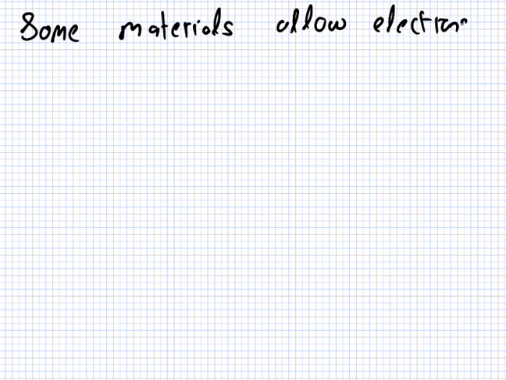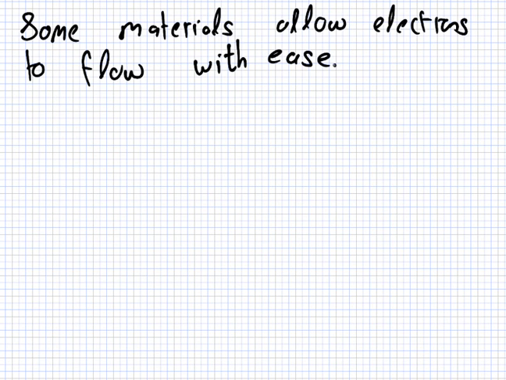Some materials allow electrons to flow. So some materials allow electrons to flow with ease.